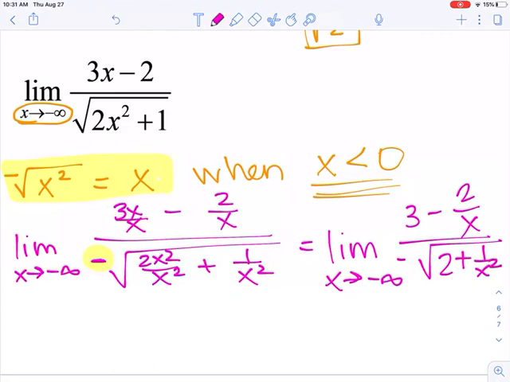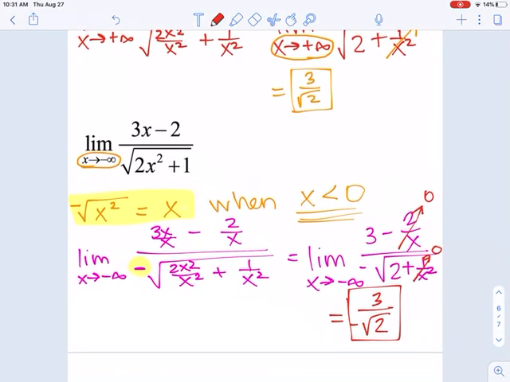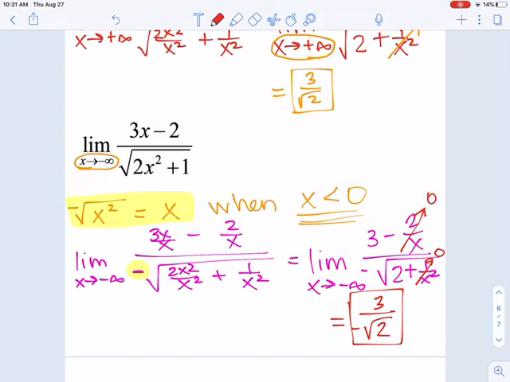Our process is going to be the same as before, but we had to adjust with that negative. These go to 0 just like they did before, but now we're left with 3 over negative radical 2.